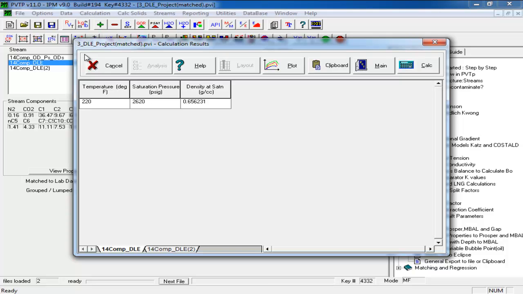So we ignore this point because we already know that this reading is just a wrong one. We have only one problem in this equation, which is this one here. The equation usually is not able to describe the volume for liquid. You remember, this is oil. This is liquid.